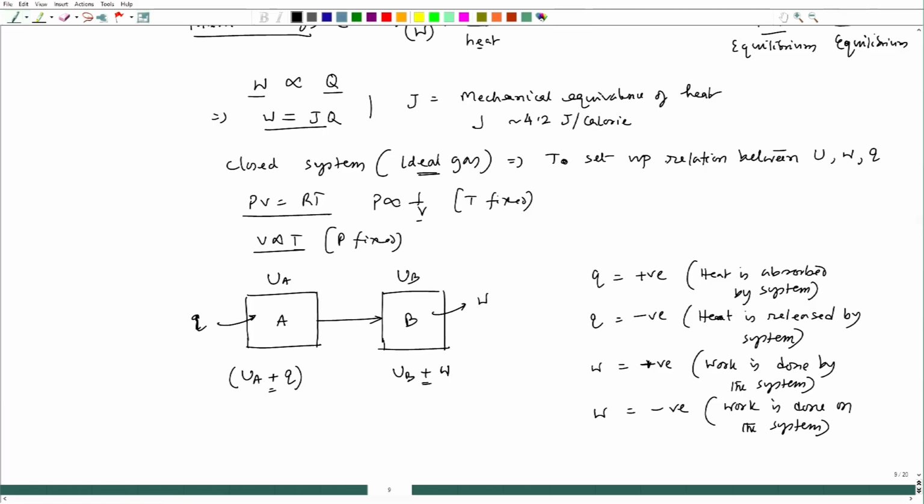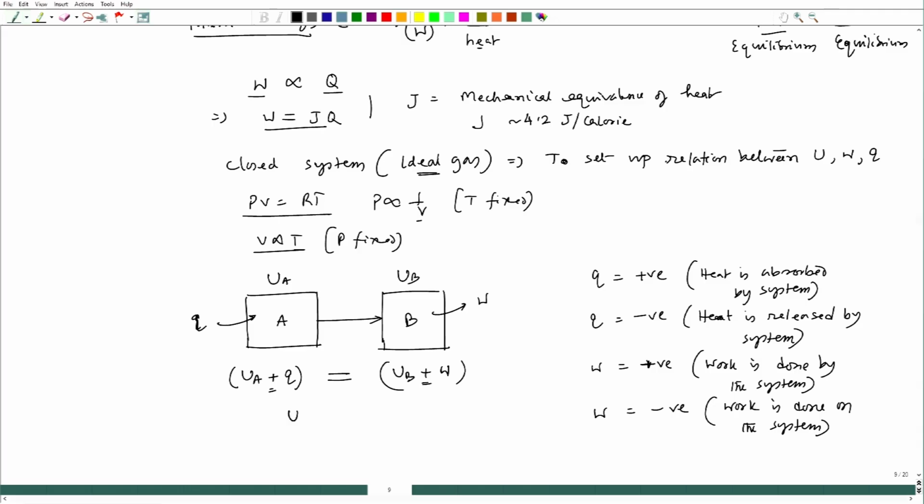Now you see that from one state A to another state B, the system reaches by absorbing heat and doing some work W. So there is only a game of energy, and the total energy before and after the change should be the same, because energy cannot be created or destroyed. So these two should be equal.